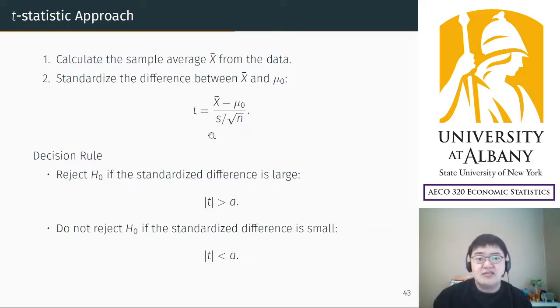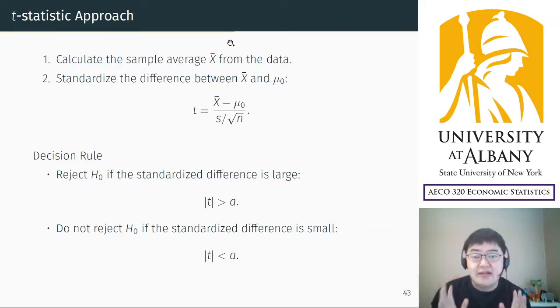But the t-statistic tells you if it's minus. When the t-statistic is minus, it tells you that your belief is larger than your observation, so you may reduce the belief. Or vice versa, if t is positive, that means the observation is larger than your belief, so you have to update your belief by increasing the number.